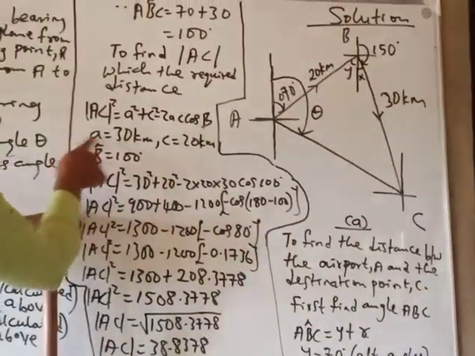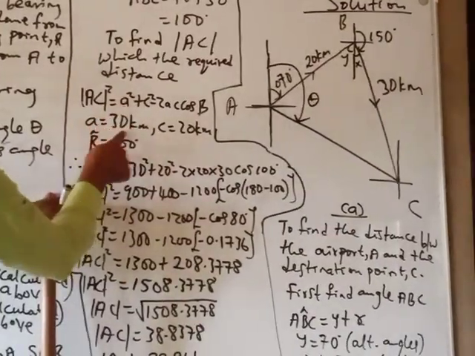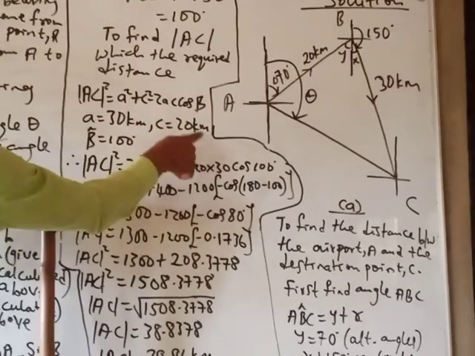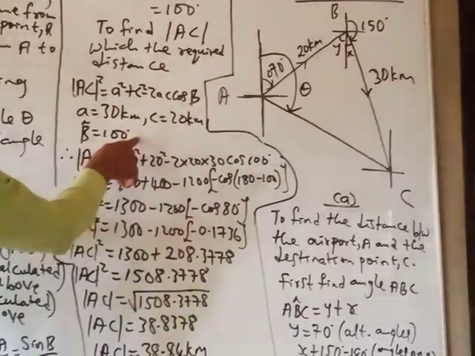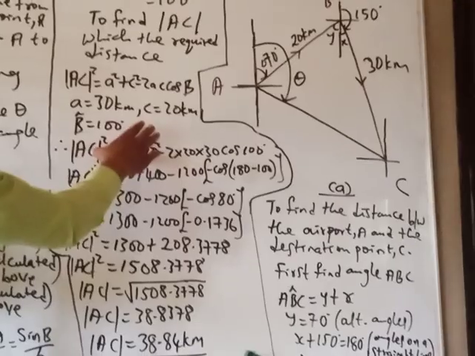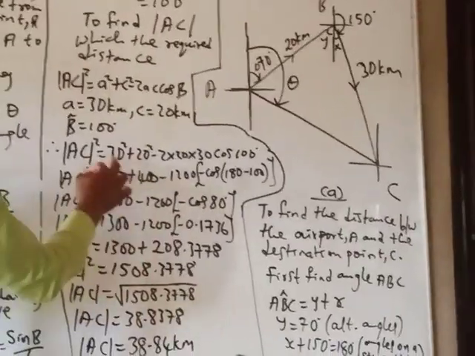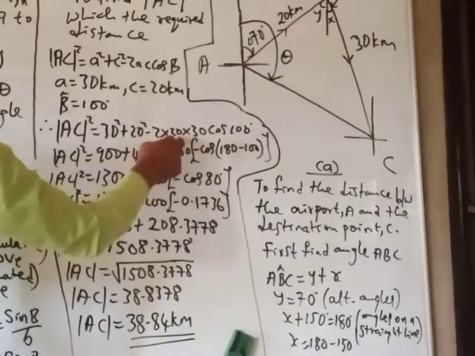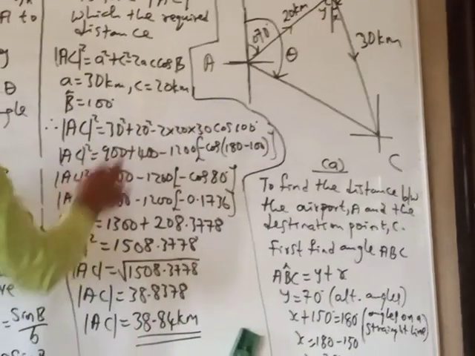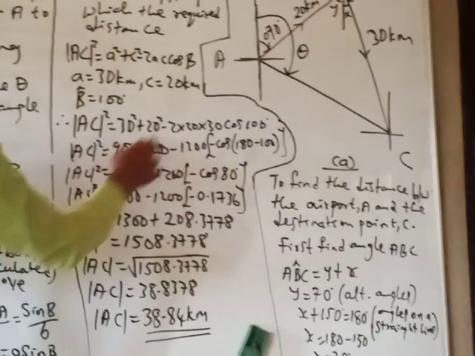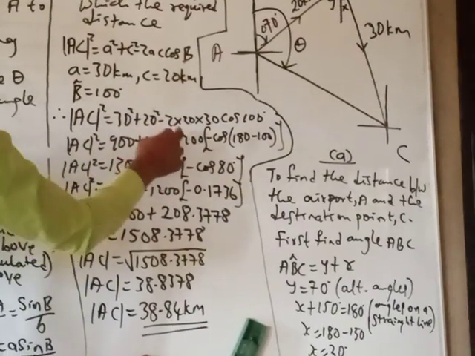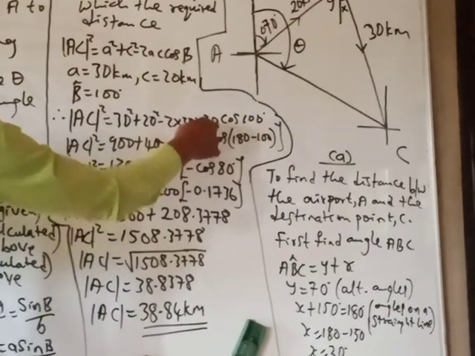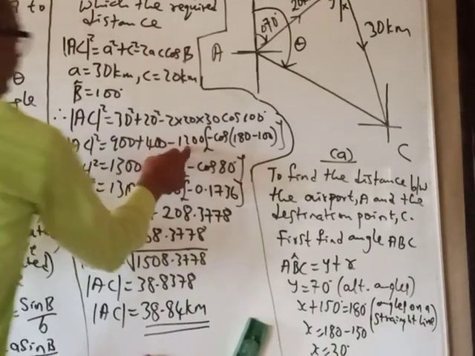Then we notice that the side of small a is 30 kilometers, c is 20 kilometers, and B is 100 degrees. Then replacing the whole thing back into the formula, we now have 30 squared plus 20 squared minus 2 times 20 times 30 cos 100. Then 30 squared is 900, 20 squared is 400, minus 2 times 20 times 30, which is 1,200.